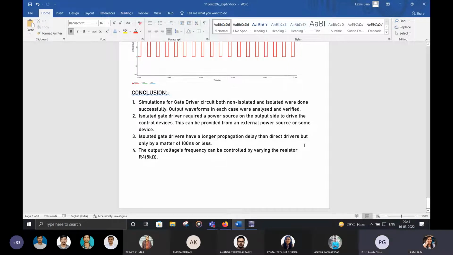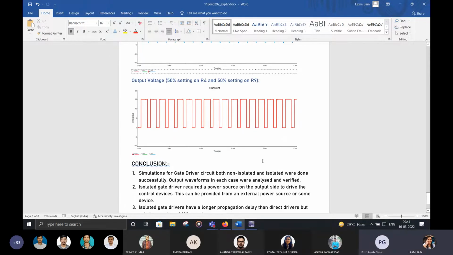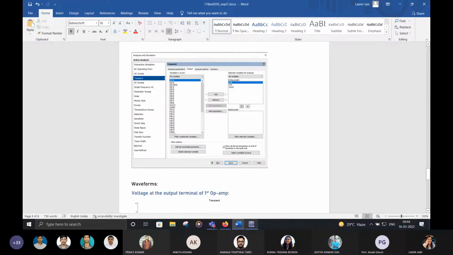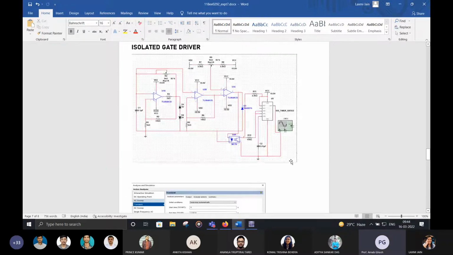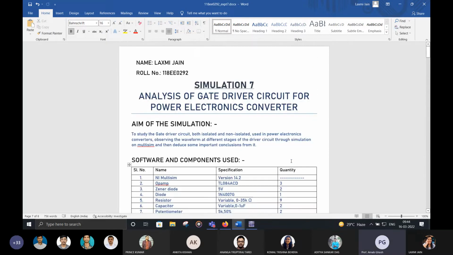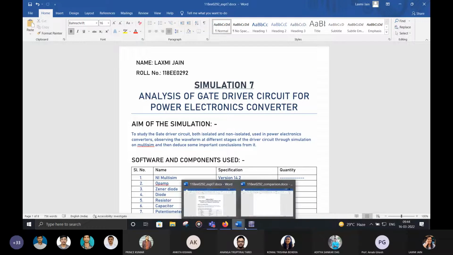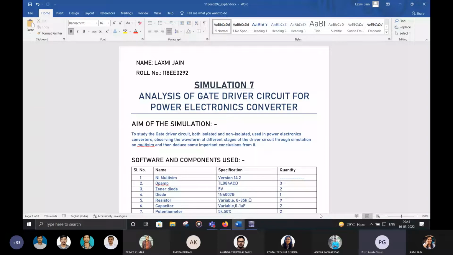Observation table is required. Yes, sir, I will make it after that. Okay, good.